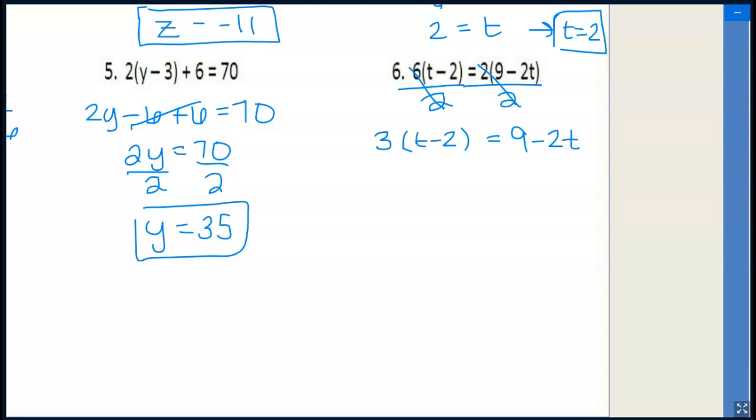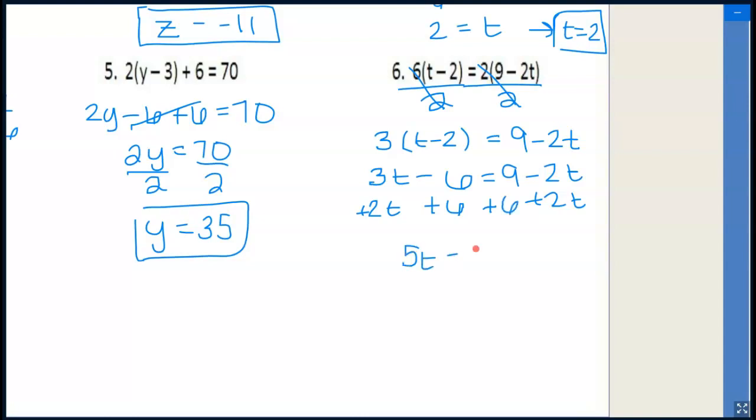You'd still have to distribute the 3 on the left. Then you get t equals 3.